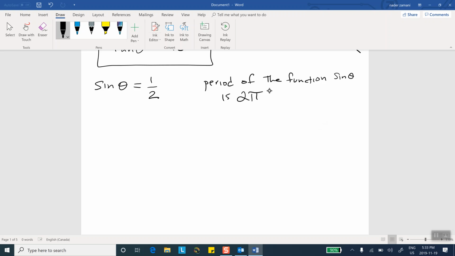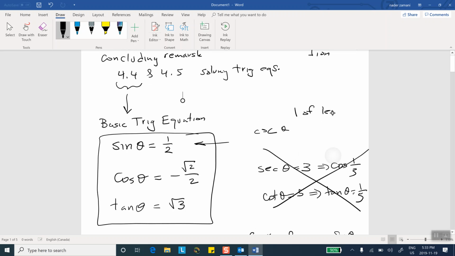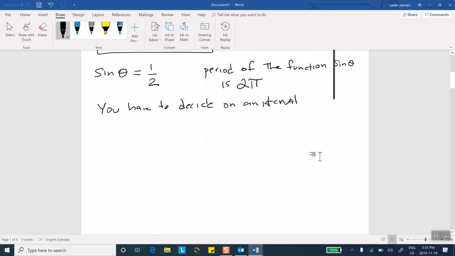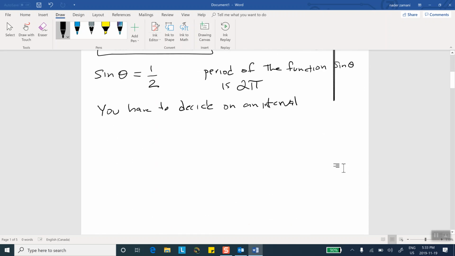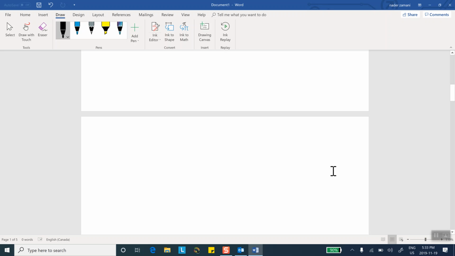Okay, so you have to decide on an interval of length 2 pi.